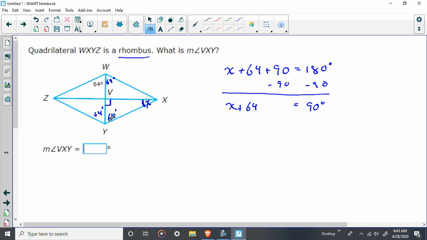So any two consecutive bisected angles are going to equal 90. It's just a good thing to keep in mind. It can give you a little shortcut. So again, we're going to subtract 64. I'm going to say that x is equal to 26 degrees.